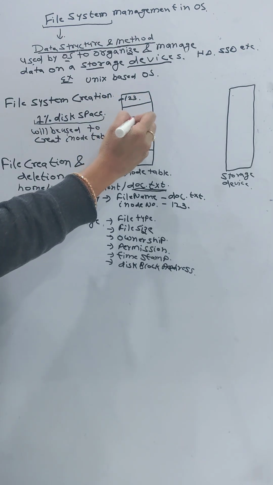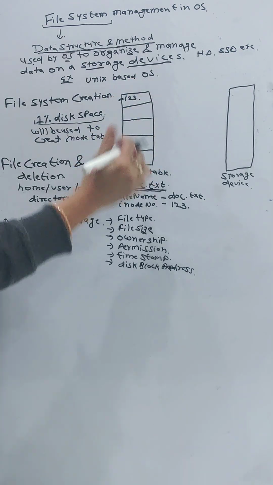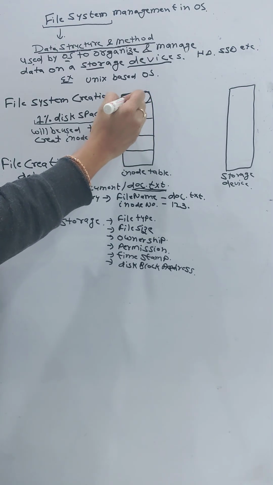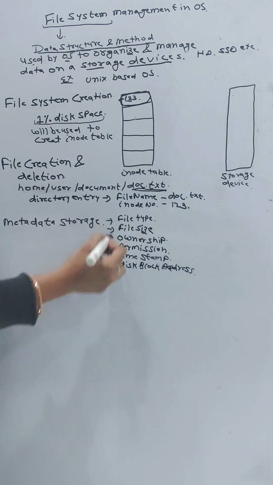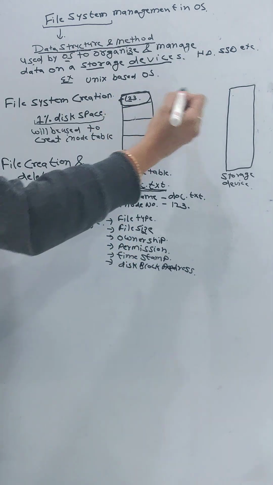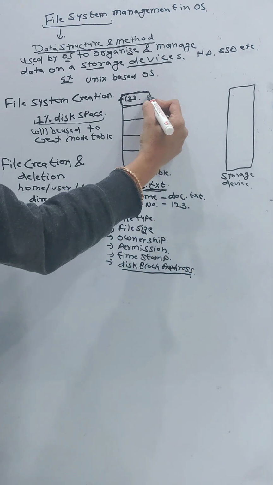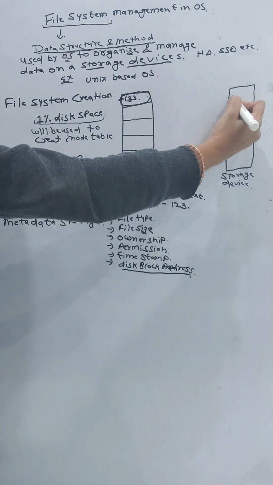The inode table will consist of a number of inodes. This inode is assigned for doc.txt. It will not contain the file name. It will only contain the inode number and all this information. It will also contain the disk block address. This is our storage device.